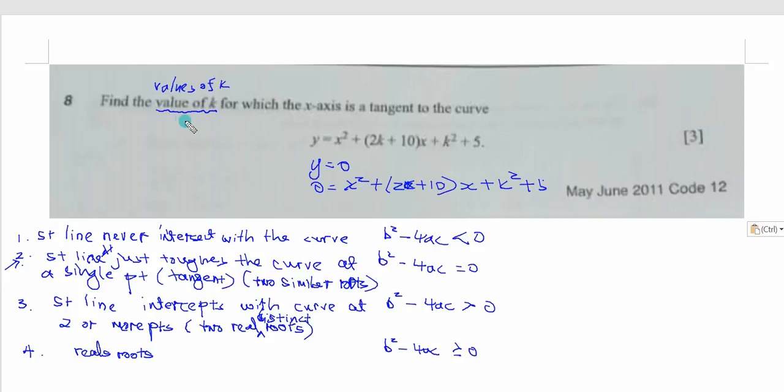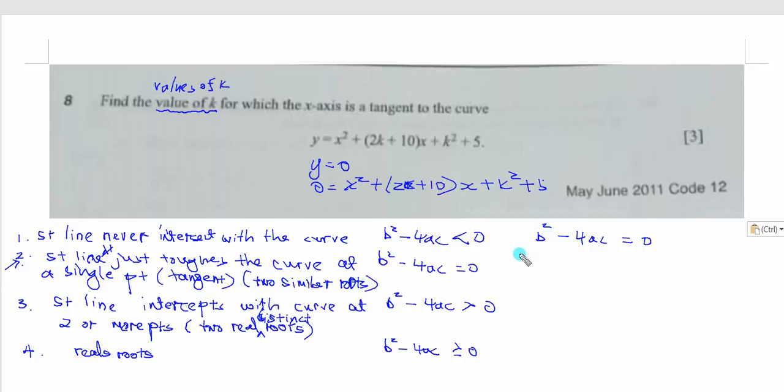Okay, now he said find the value of k. So basically under the condition where it is a tangent. Okay, so b square minus 4ac is equal to 0.